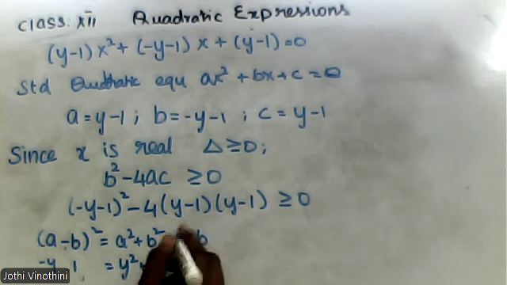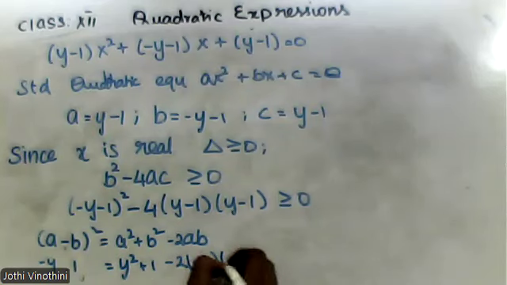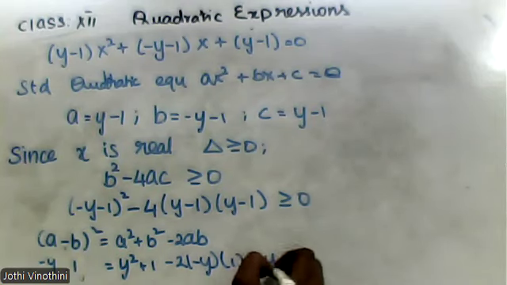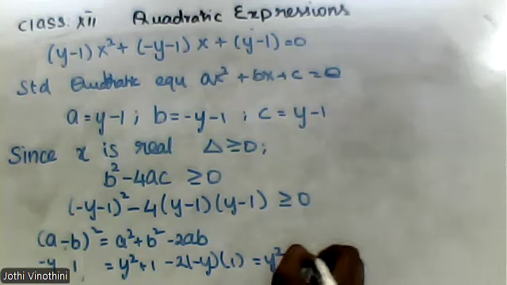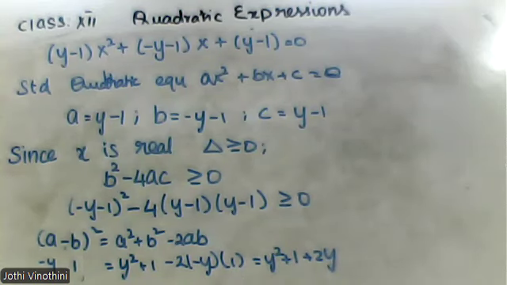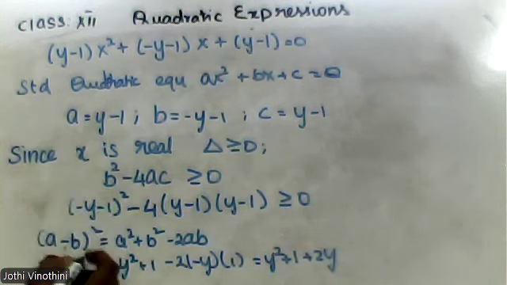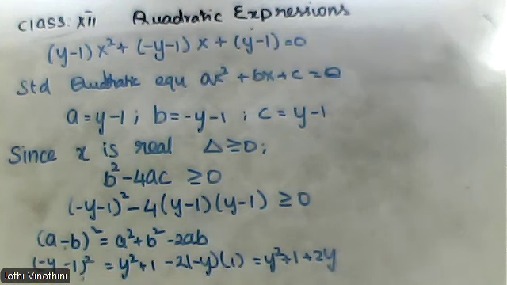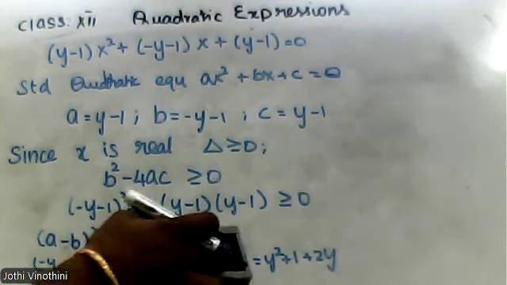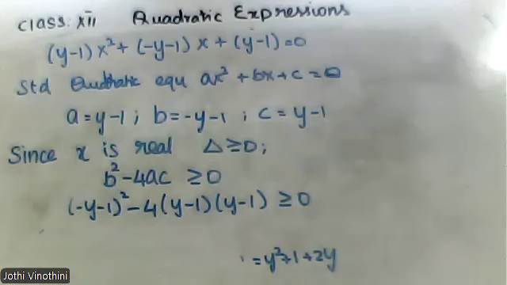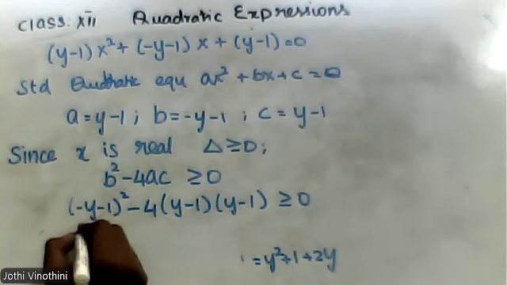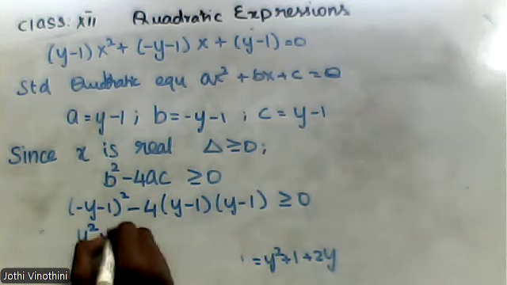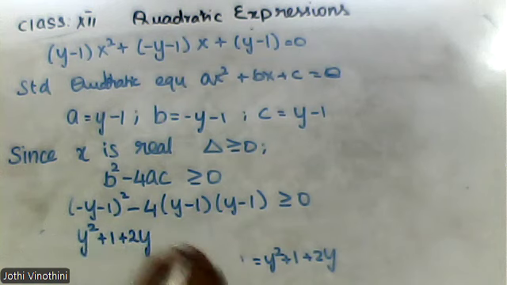Then minus 2 times a, which is minus y, times b, which is 1. This equals y squared plus 1 plus 2y. Clear? Shall we substitute this in place of minus y minus 1 whole square? Yes. So in place of this, I am going to substitute y squared plus 1 plus 2y.